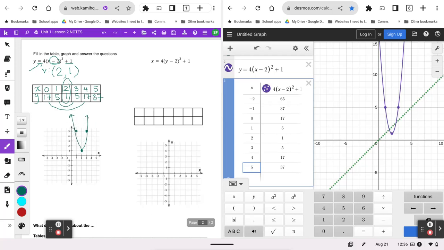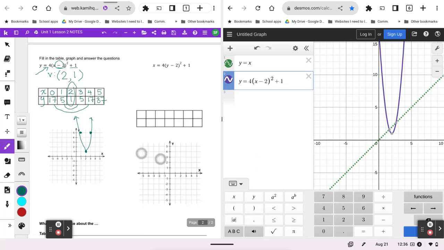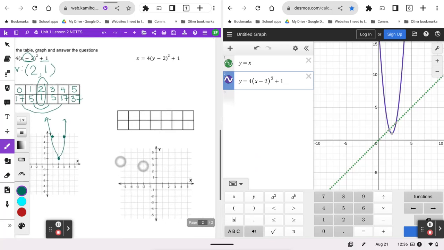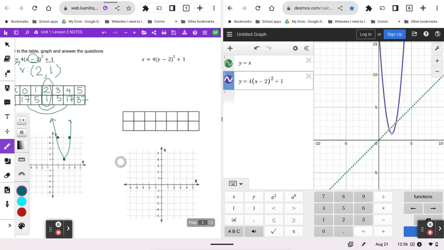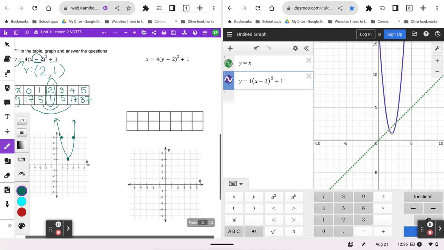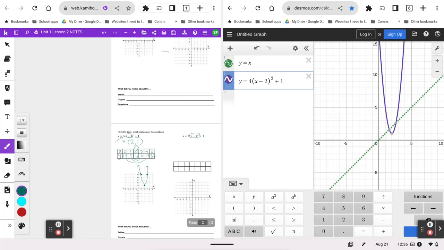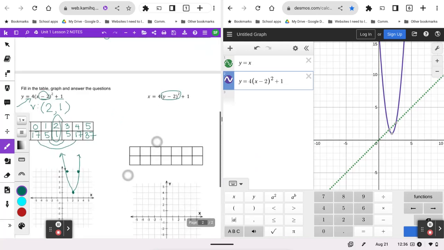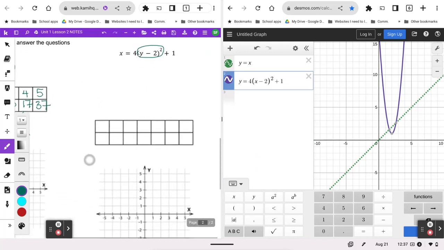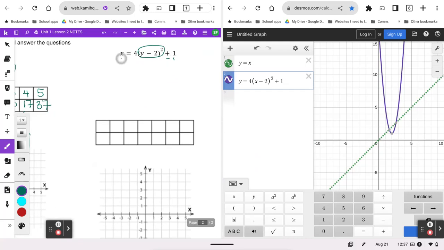Now the next one definitely is going to be a challenge one. It does come out to be really not as nice as what we want it to be. So I'm going to move it over a little bit so I can write it. So we switched to X and Y. I want to get the Y by itself. So first thing I'm going to do is minus the 1 on both sides.